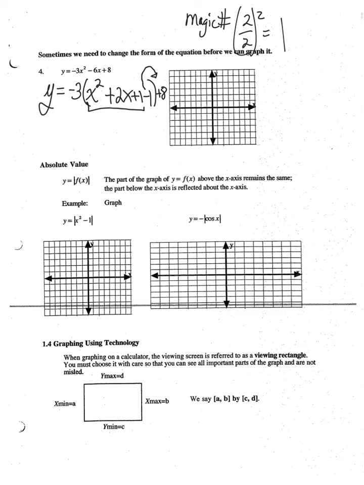But when you get rid of it, remember that this leading coefficient has to multiply that -1. So I'm going to take the -1 and multiply it by -3 as I kick it out of the brackets. So I've got this. Y is equal to -3, bracket, x squared plus 2x plus 1, my perfect square trinomial.